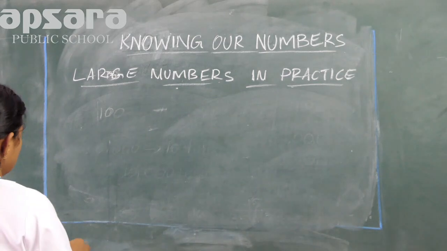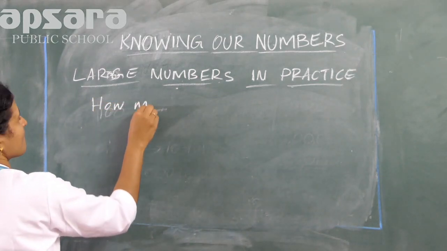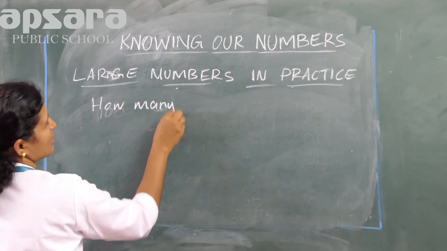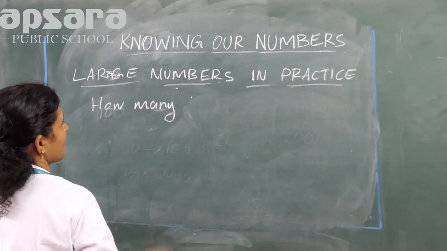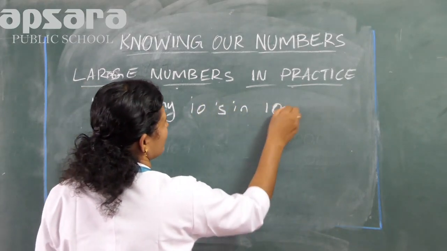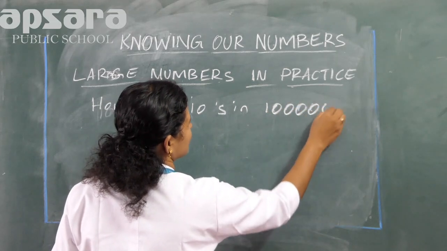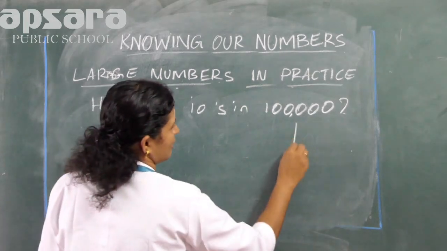So you write this neatly. Okay, how many tens in 1 lakh? You write the step on the reference side.